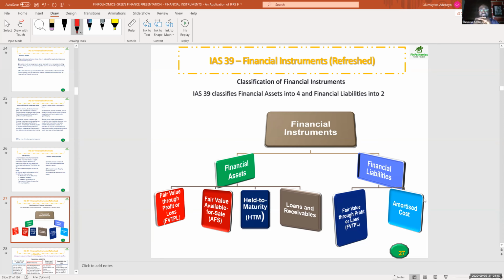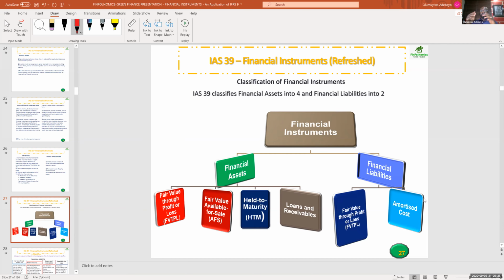The buckets of financial assets are as follows: 1, fair value through profit or loss. 2, available for sale. 3, held to maturity. And 4, loans and receivables. While financial liability is classified into 2: fair value through profit or loss and amortized cost.